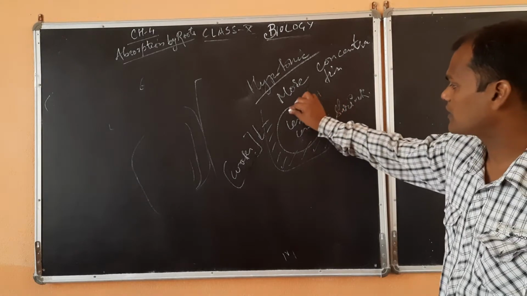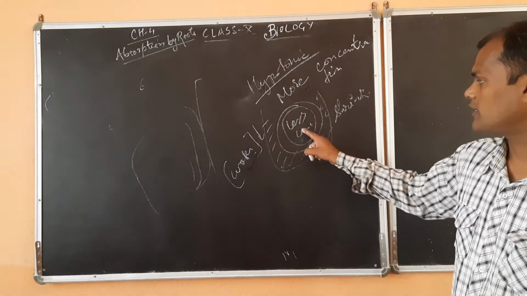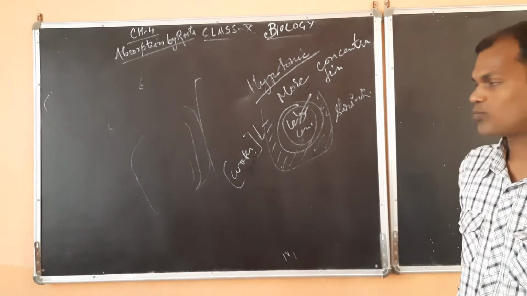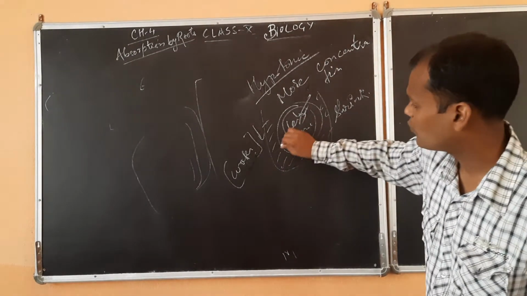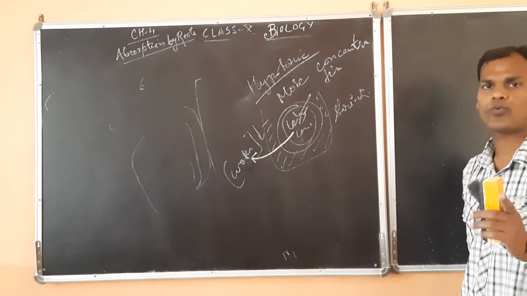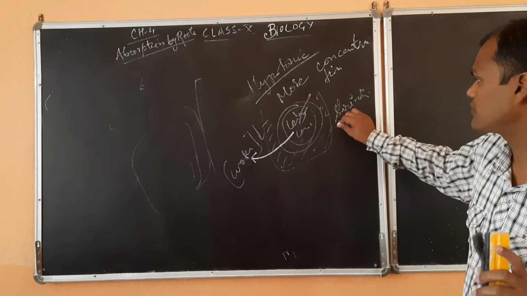Less concentration means more water is there. According to diffusion, in osmosis, movement occurs from higher concentration to lower concentration. Only water will be transferred, so the cell will shrink.